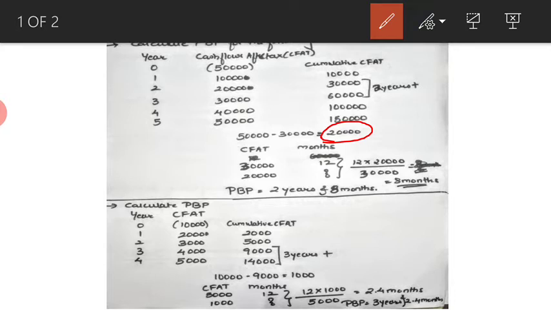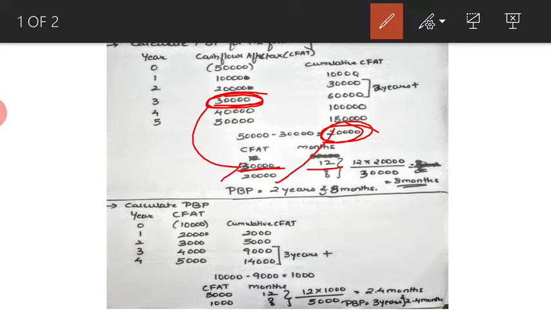Now coming to the next year, that is the 3rd year, because it is lying between the 2nd and 3rd year. In the 3rd year, the total cash flows are 30,000. Do we require 30,000? No, we just require 20,000 out of it. So how do we get 20,000 out of this 30,000? By using this comparison: for this entire 30,000 we require 12 months.